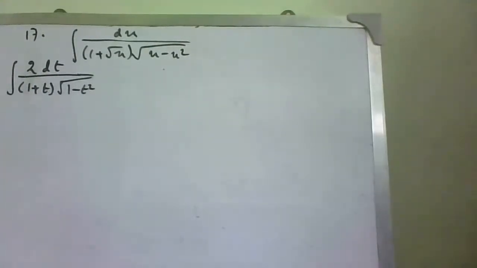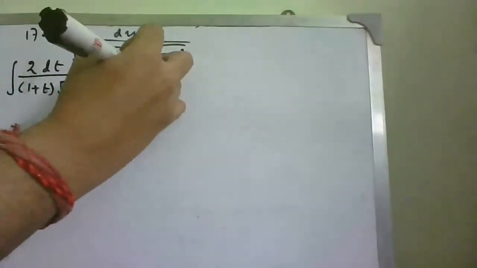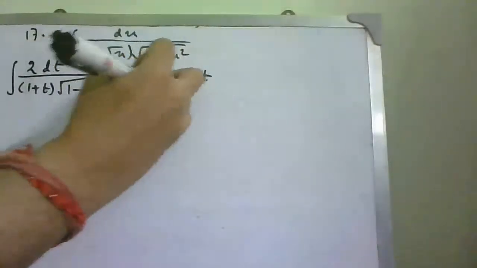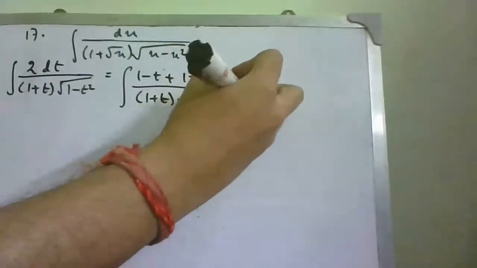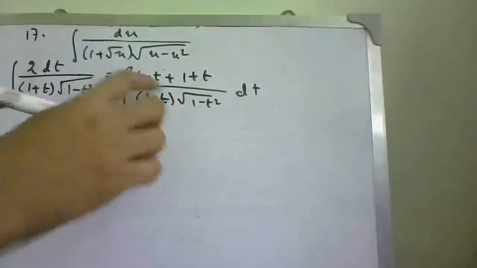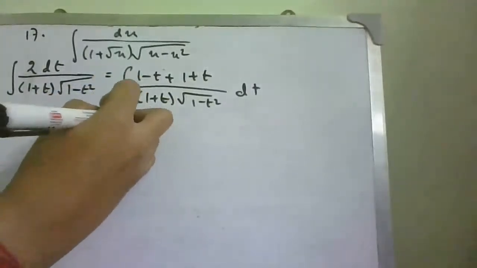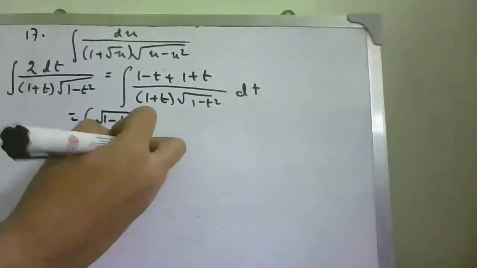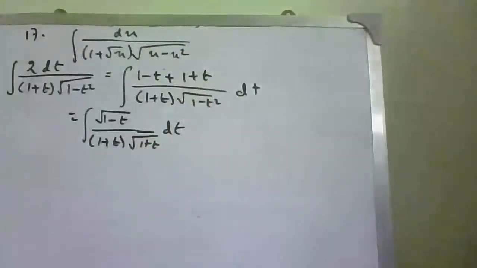So we tried this thing, that is 1 minus t plus 1 plus t over 1 plus t root over 1 minus t squared dt. If we write it like this, then we will have root over of 1 minus t over 1 plus t, root over of 1 plus t, dt.